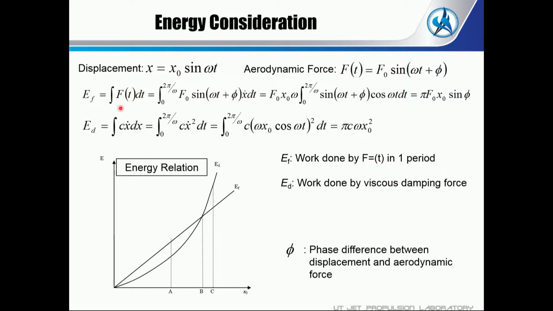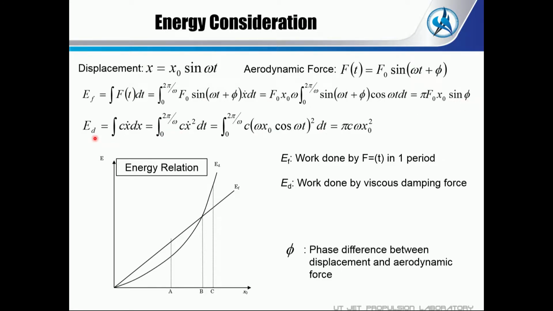This energy or work can be calculated by this integration. F(t) is substituted here, and x dot is here, with integration over one period. So we can calculate EF as pi F0 X0 sine phi.